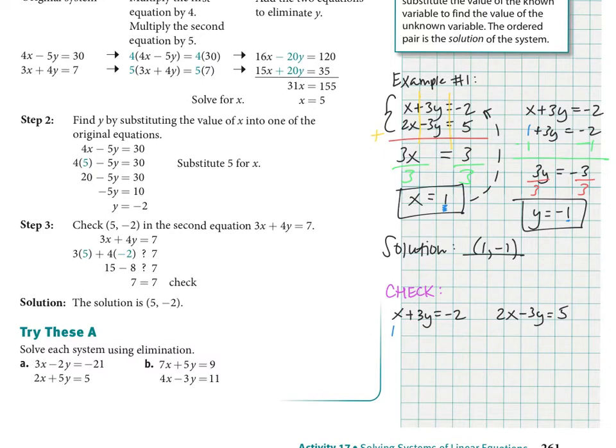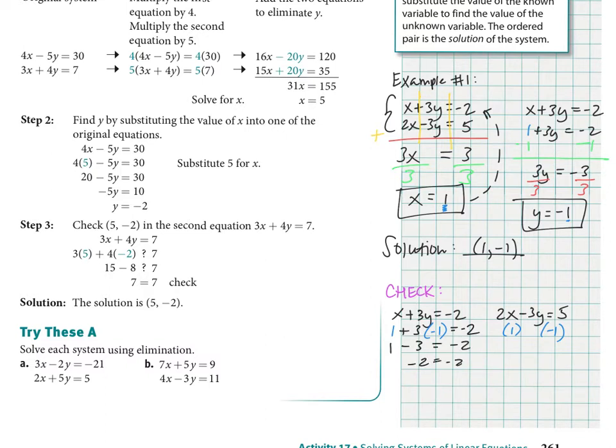So I'll put in 1 for x, and I will put in negative 1 for y. I like to kind of space these out, and then I like to rewrite what the problem is. So don't forget that in our first equation, we have to make sure we're multiplying that 3 times that negative 1. So it's 1, essentially 1 minus 3, and we're checking to see if that equals negative 2.